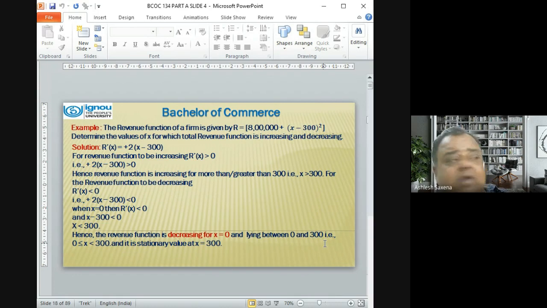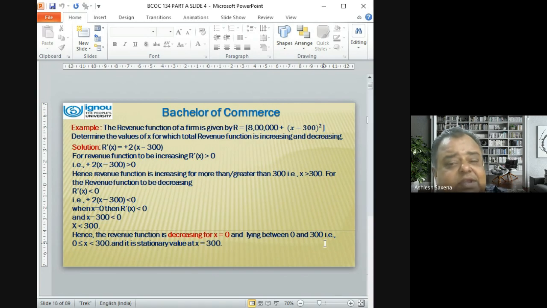Straight away what we are going to do, we have to find the value of x is equal to, or you can do one thing, you can straight away take first derivative greater than 0. So for first derivative greater than 0, you have to take all the values greater than 300. Correct?